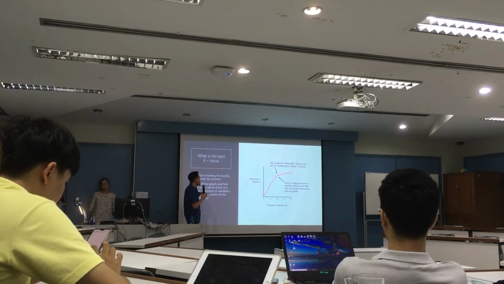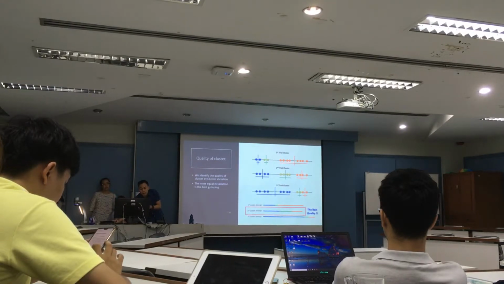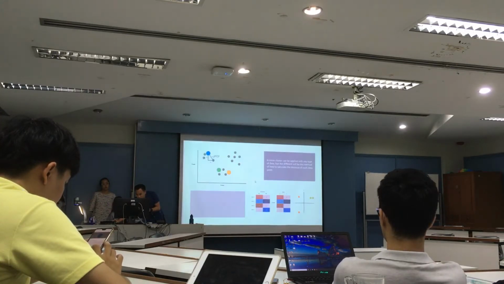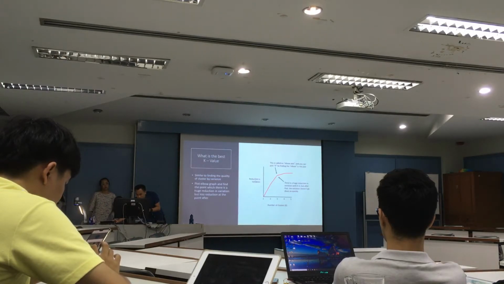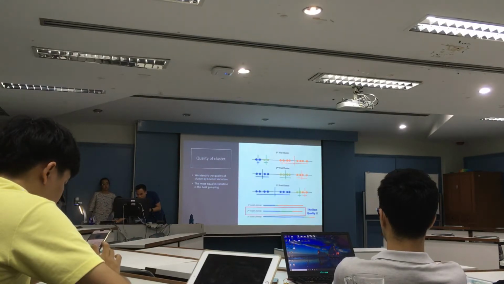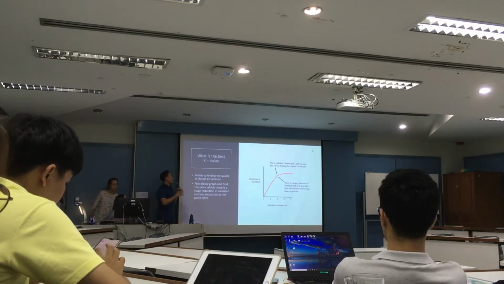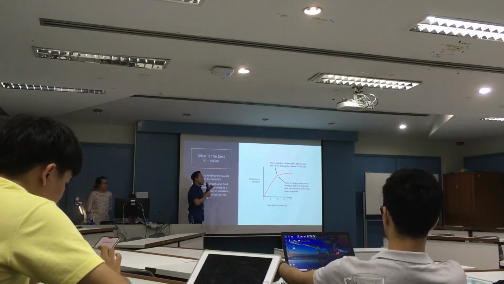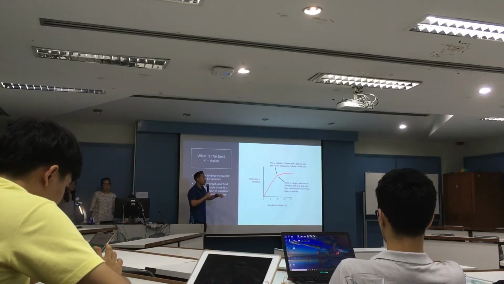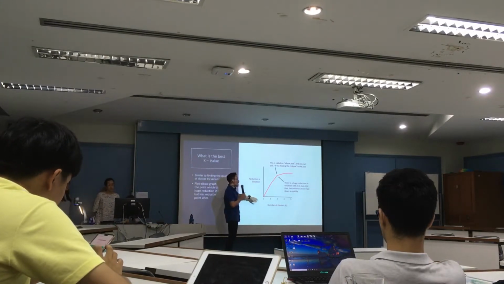As you can see from the previous slide, with different K numbers, it gives different variations, and we plot that result onto the graph.